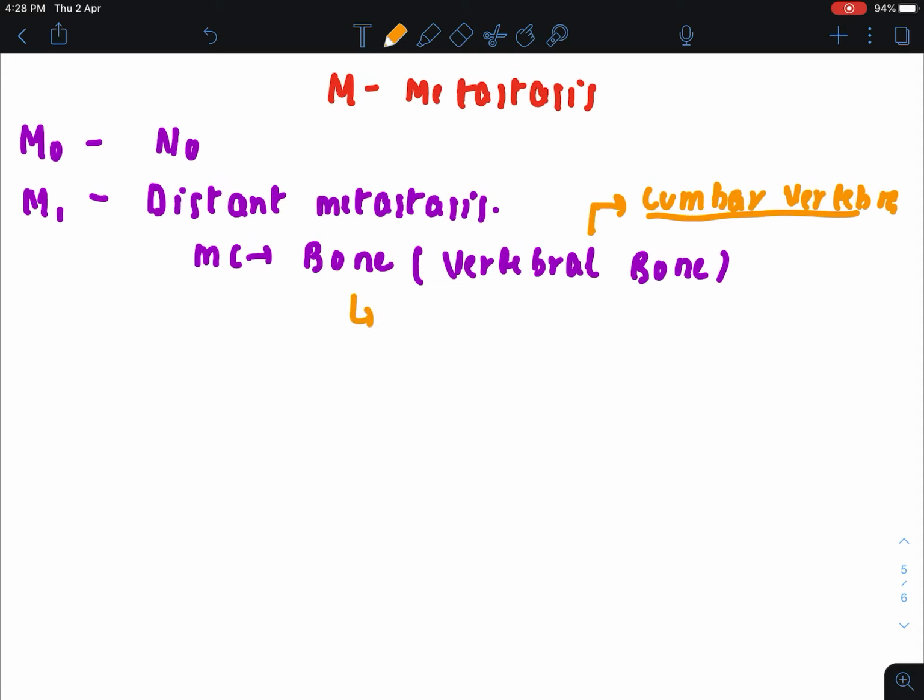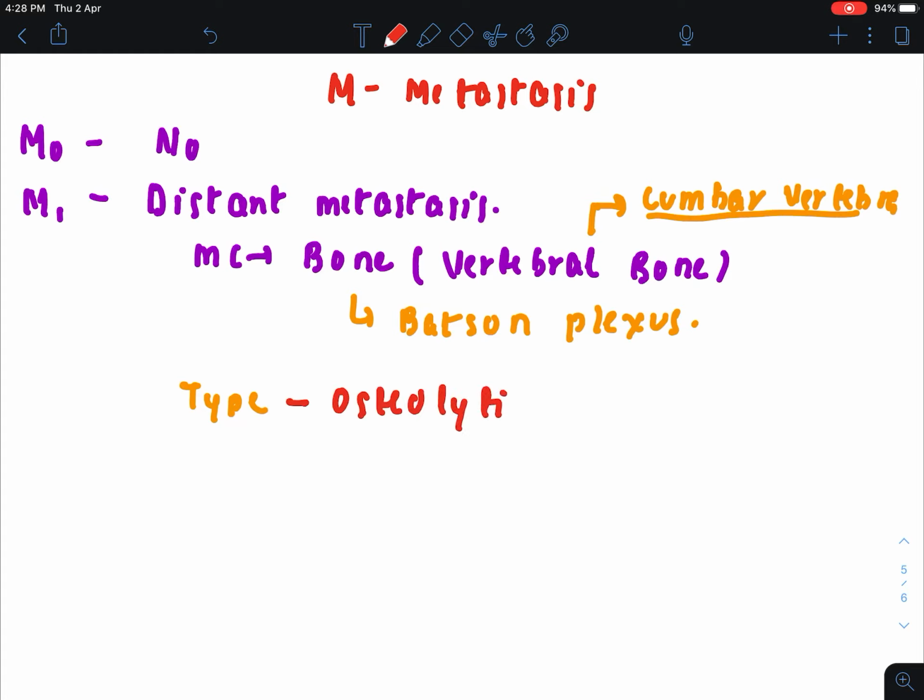It is due to the Batson plexus. Batson plexus is a valveless vein. The type of bony deformity is osteolytic, and it can also be osteoblastic, but the incidence of osteolytic is more than osteoblastic.